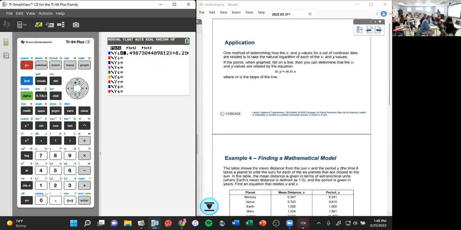But let me ask you this. Is our data x's and y's? Column 3 represents natural log. Column 4 represents natural log of y. That's why the formula is going to look like natural log of y equals m natural log of x instead of y equals mx. Can you see how those are pretty much the same?